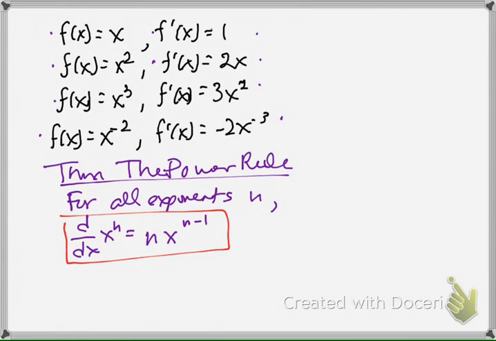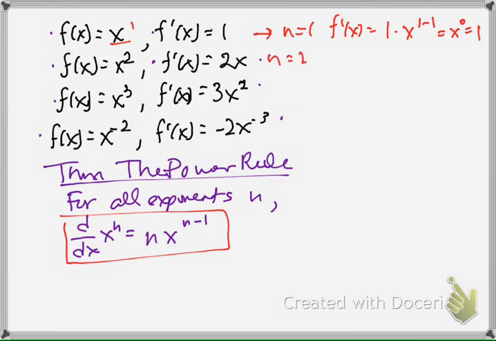So for instance, let's look at this value here. My n is equal to 1, and so if I want to find f prime of x, this is x to the 1, I'll take n, which is 1, times x to the n minus 1, of course, which is x to the 0, which is 1. So we get there a little quicker than doing the full function.